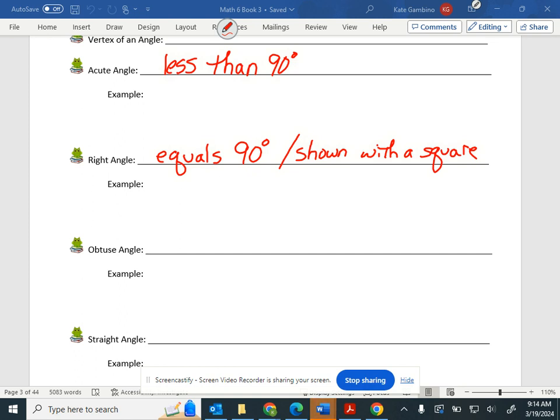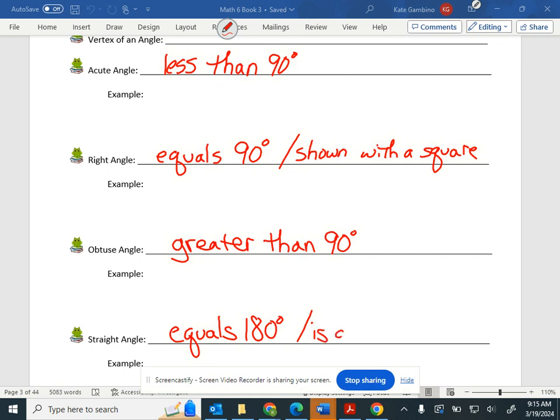Obtuse angle is greater than 90 degrees. So it's those big angles. Acute, so little and cute. Obtuse are big, greater than 90 degrees. And our straight angle equals 180 degrees and is a straight line.